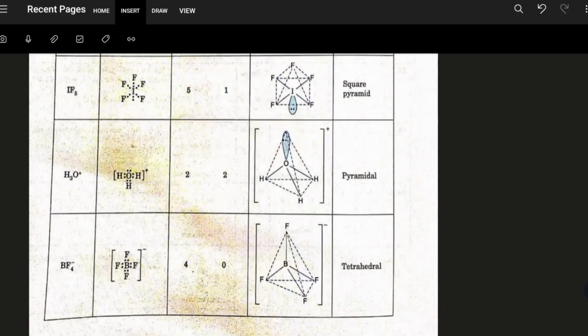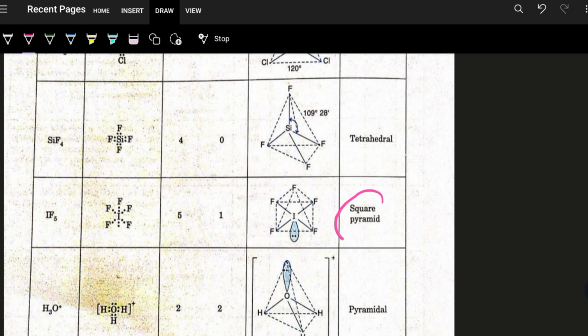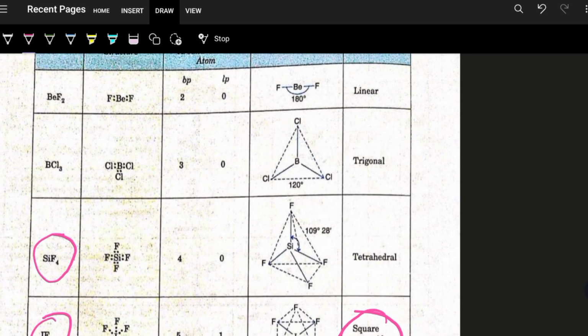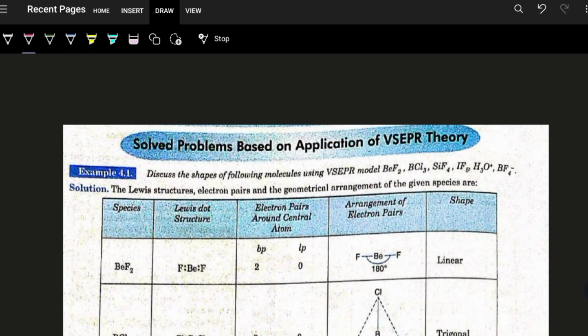I'm telling you where you will get extra. This example, square pyramid example of IF5 is extra. SiF4 is extra. H3O+ is extra. So go through these things, such that you know how to draw the structures of these.